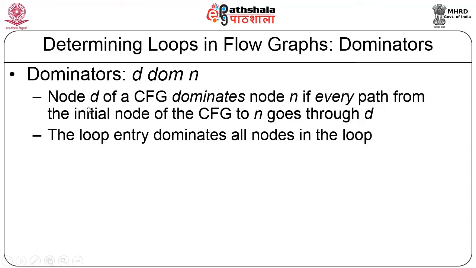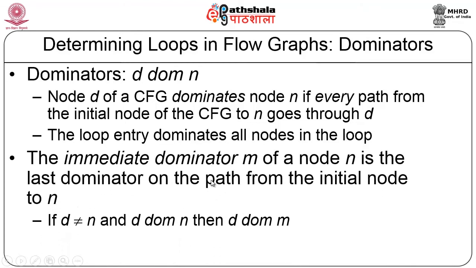Node D of a control flow graph dominates node N if every path from the initial node of the CFG to N goes through D. That is, I have to go through D necessarily to reach N. If that is my situation, I will call this node a dominating node of N. The loop entry dominates all nodes in the loop.